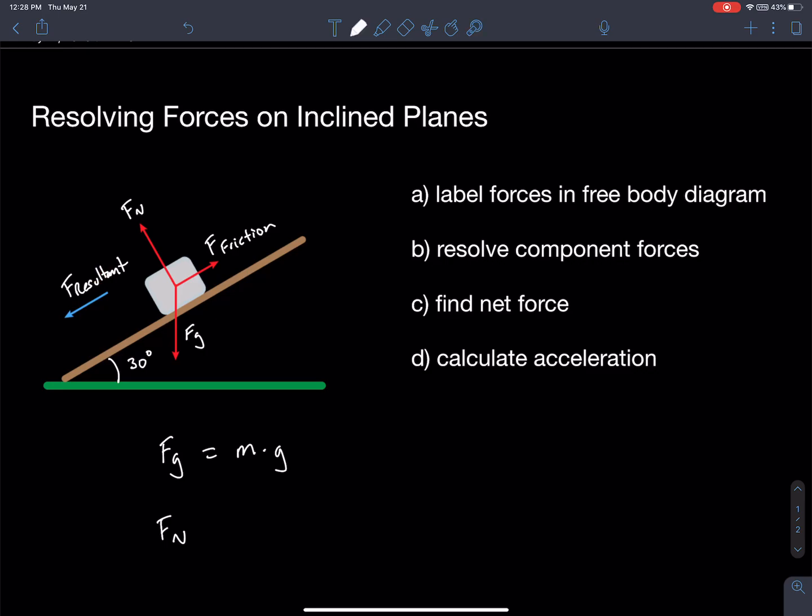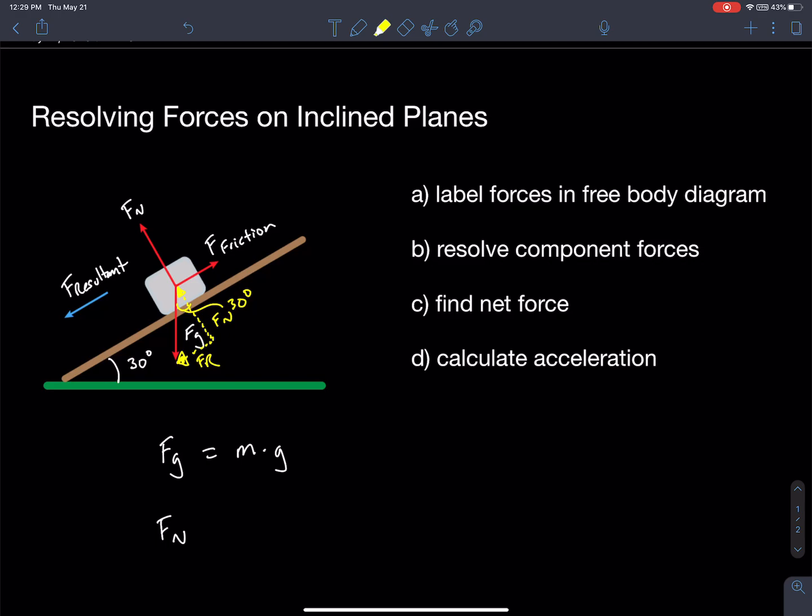And what we have to remember is that we can form a triangle in here, where that is 30 degrees because they're similar triangles. This triangle inside would show me that that force over there is my normal force, and this over here is my resultant force, and that hypotenuse line over here is my force of gravity.